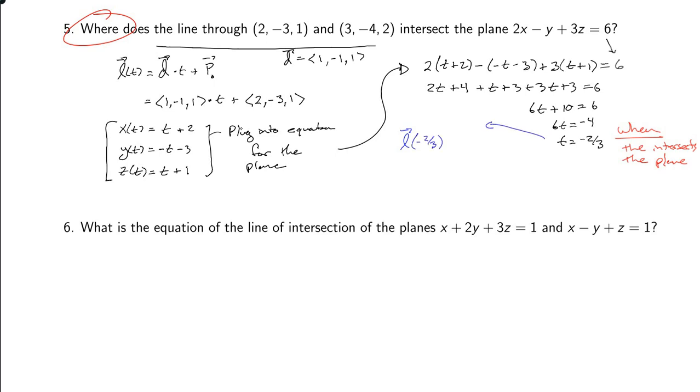Or we could plug it into each of the components for the parametric form and get the exact same answer. So this is going to be 1, negative 1, 1 times negative 2/3.